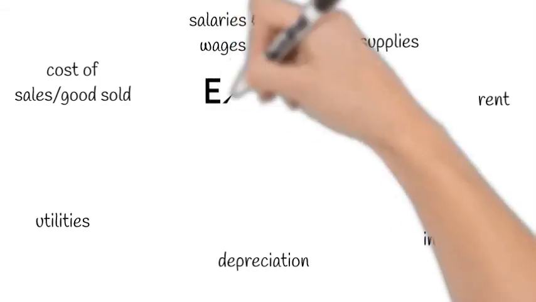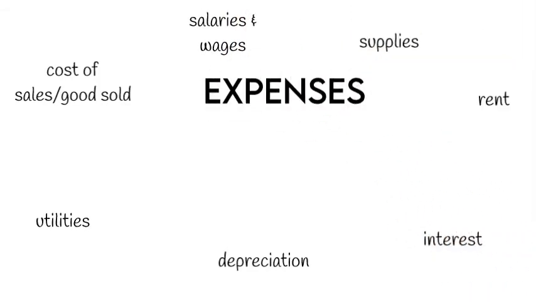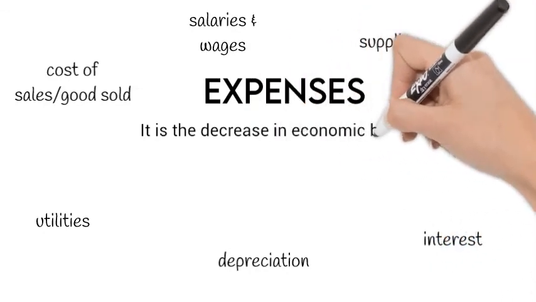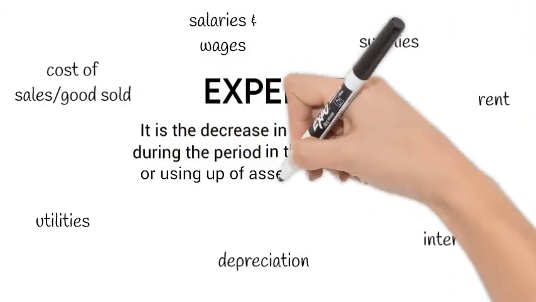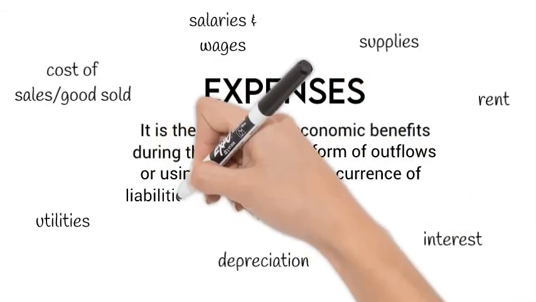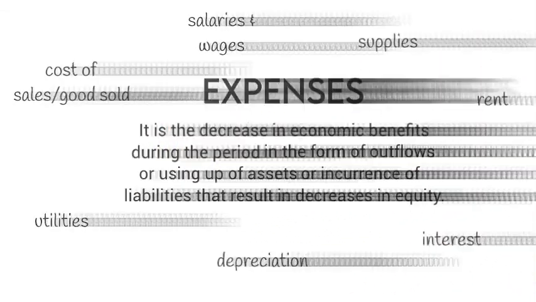Lahat ng mga ito ay tinatawag na expenses ng kumpanya. It is the decrease in economic benefits during the period in the form of outflows or using up of assets or incurrence of liabilities that result in decreases in equity.